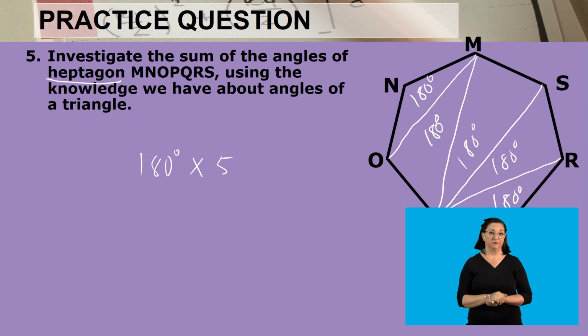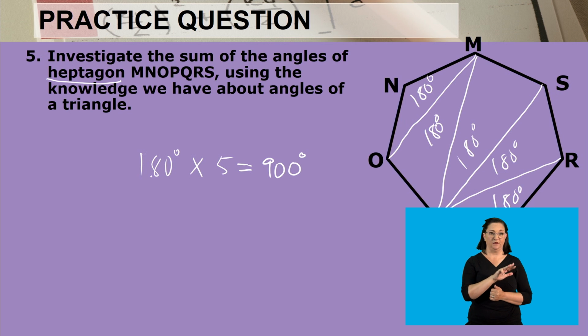180 degrees multiplied by 5, let's work this out. There are 2 ways you can work that out. You can say 18 multiplied by 5, which is 90. And when that gives you 90, you then add the 0 you did not use, and that gives you 900. The other way is to divide 18 by 2 and multiply 5 by 2.